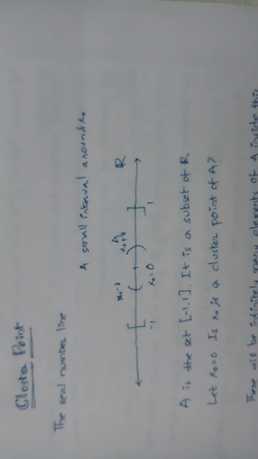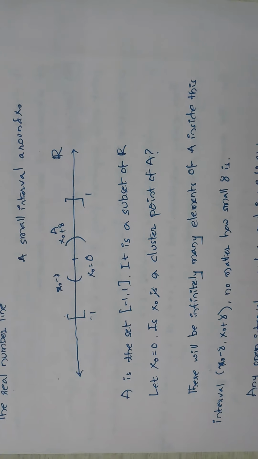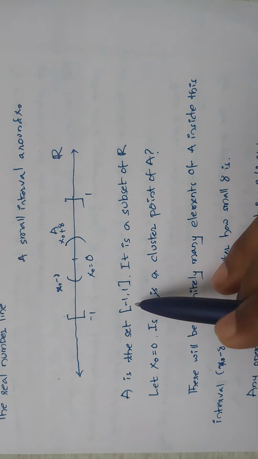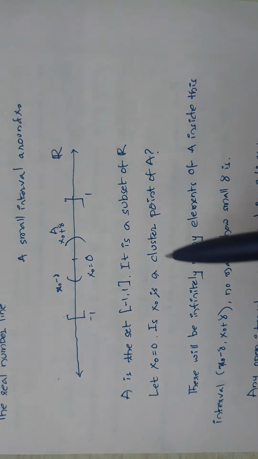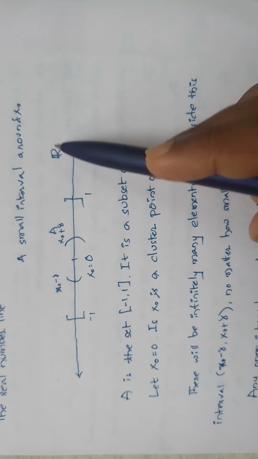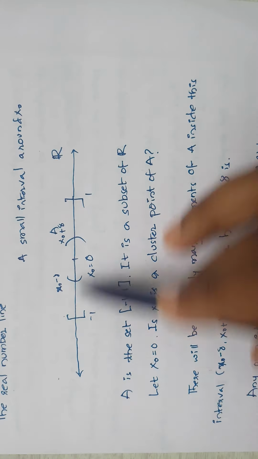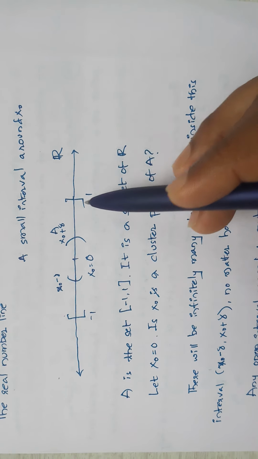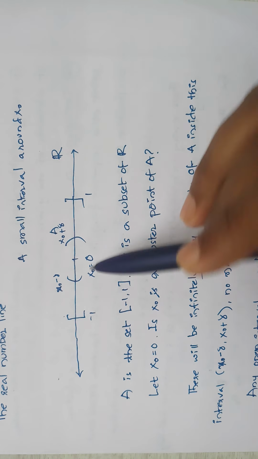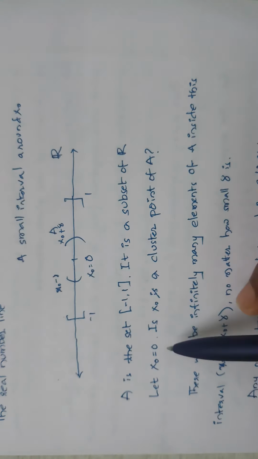Here A is the set, the closed interval -1 to 1. It is a subset of our real line R. So here I take a point x naught in R.